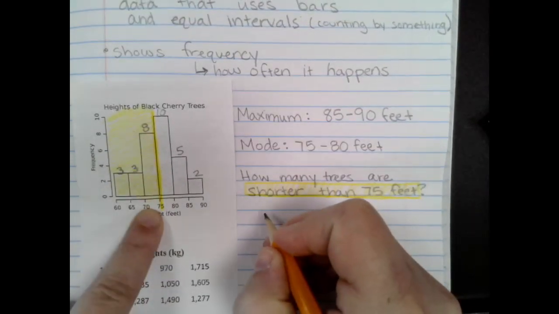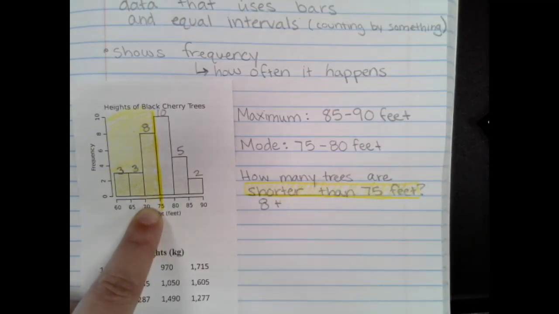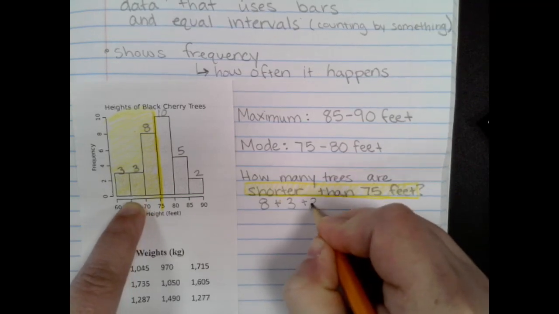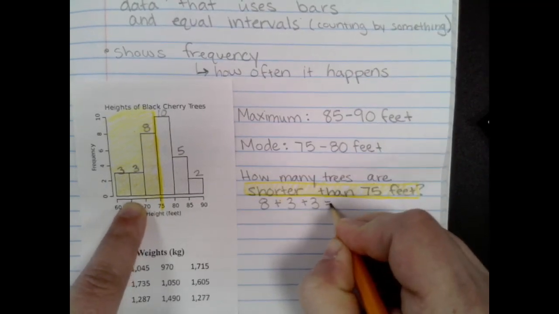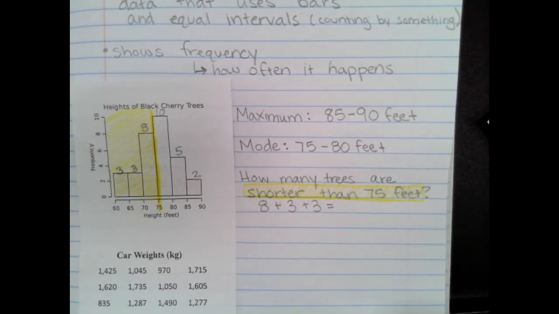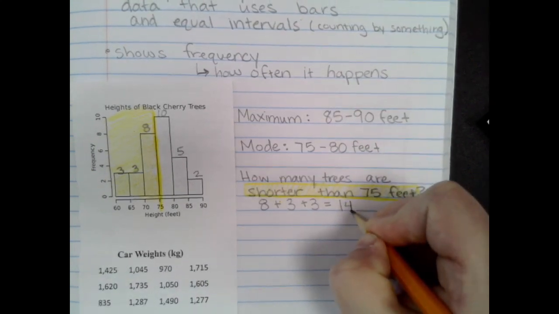We have that 8 for 70 to 75, and we're going to add it together with 3 and 3. Some of you probably said it in your heads and didn't say it, and that's fine. What is 8 plus 3 plus 3? 14. And what are we measuring?